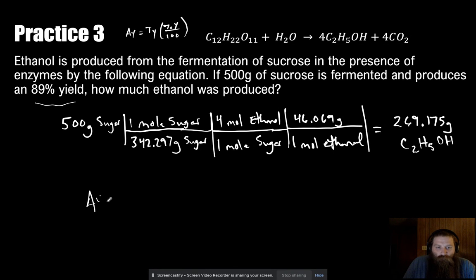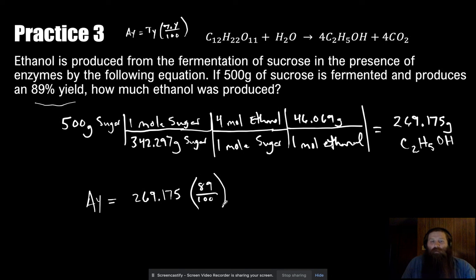So AY equals 269.175 times 89 divided by 100. Now, you could just make that 0.89 and save yourself the trouble, but just so we stick with the formula itself, we will put the whole thing in there. 89 over 100.